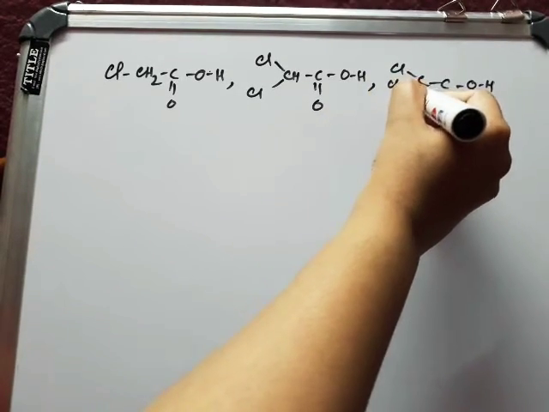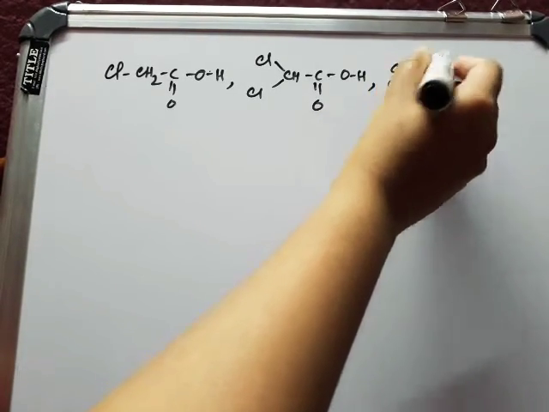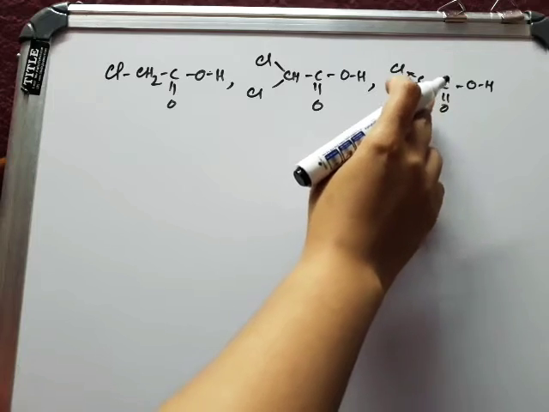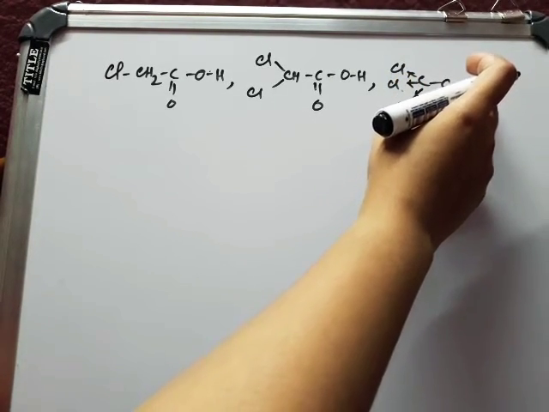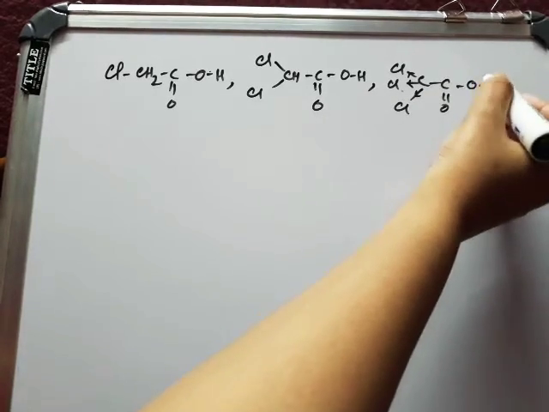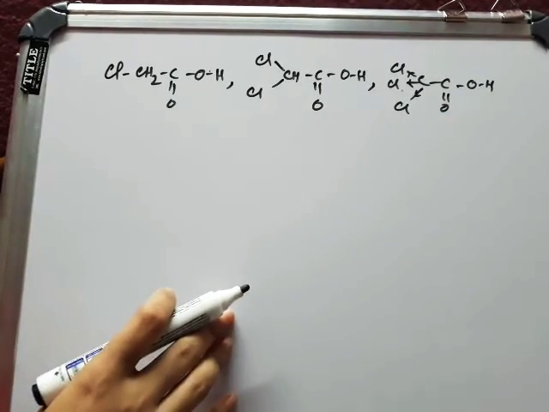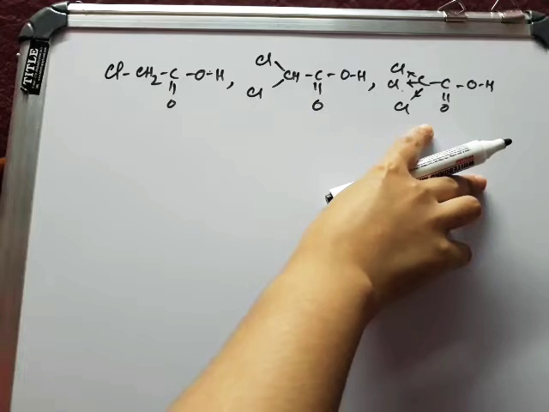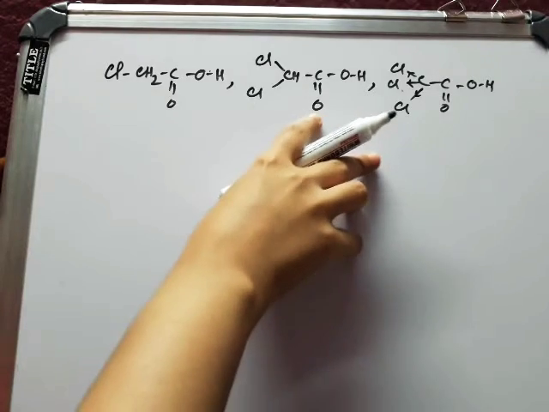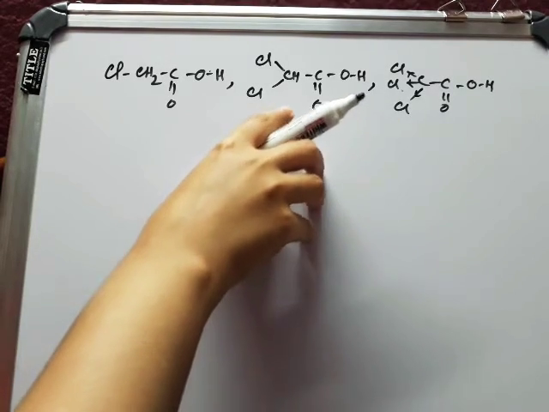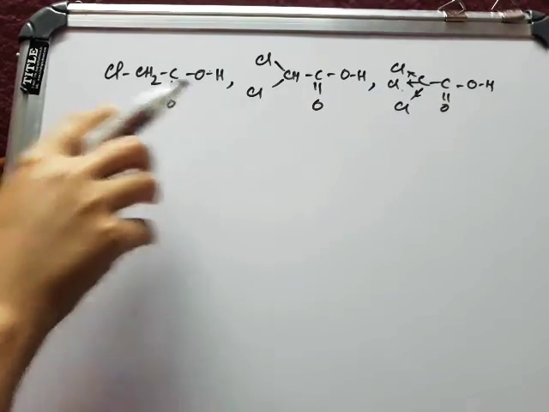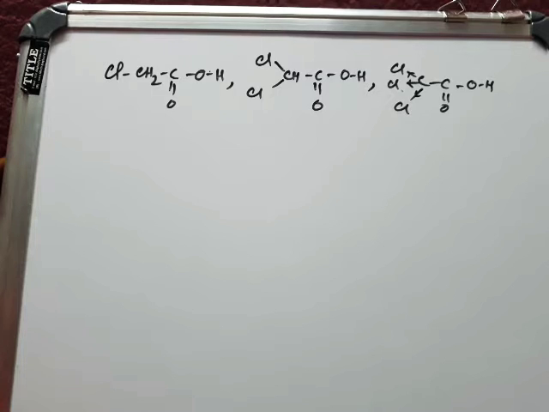Because in case of trichloroacetic acid, it will abstract more electron towards itself, making this OH bond more polar and facilitating the formation of H plus ions. So trichloroacetic acid is most acidic compared to these two acetic acids, followed by dichloroacetic acid and monochloroacetic acid.